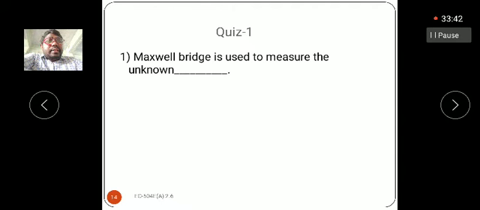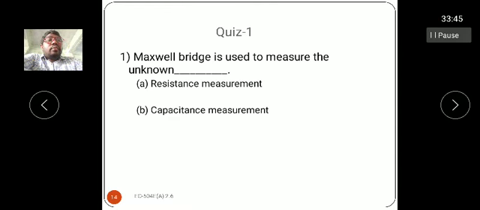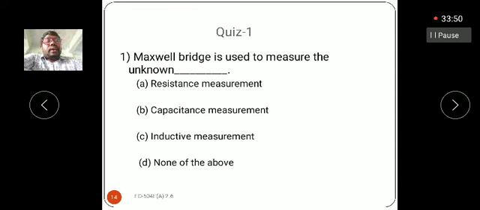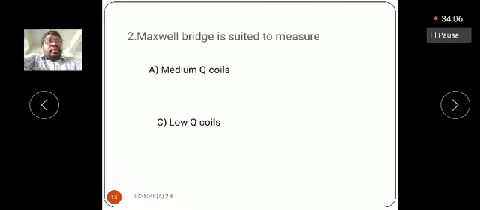The Maxwell's bridge is used to measure unknown resistance, capacitance, inductance, or none of these. Our answer is that the Maxwell's bridge is used to measure unknown inductance. The Maxwell's bridge is suited to measure which coils: medium quality factor, high quality factor, low quality factor, or none of the above.